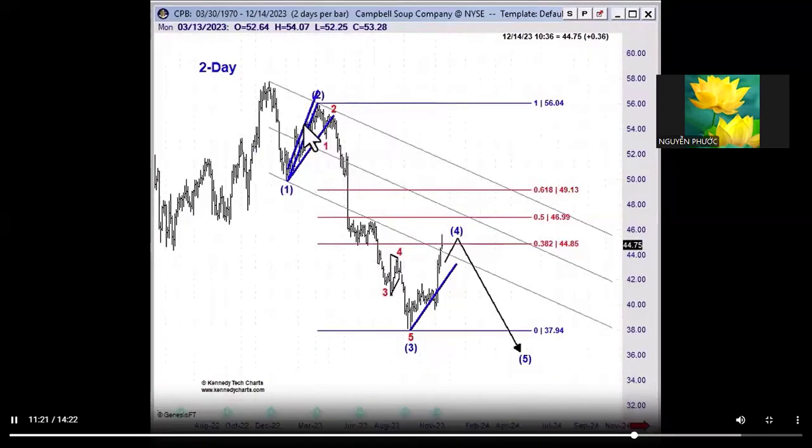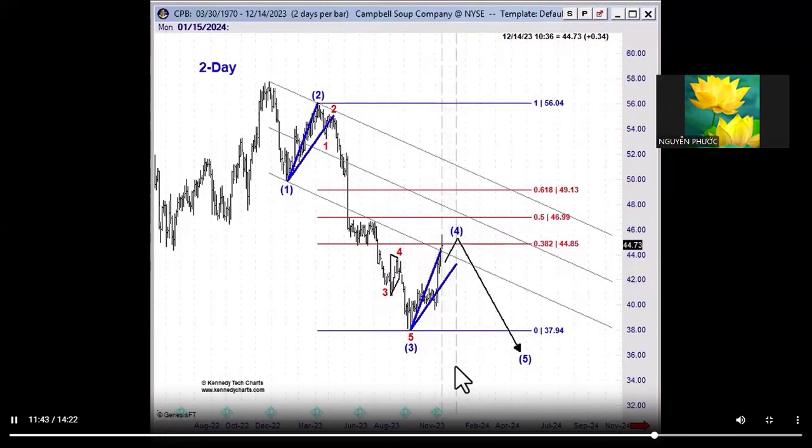Now in Campbell's Soup, again, based off price action, I like the idea that this advance is a fourth wave move and that once complete, it will be more than fully retraced in wave 5. So as you can see by the application of these trend lines, we're now reaching a fourth wave which is mature. It's ripe.